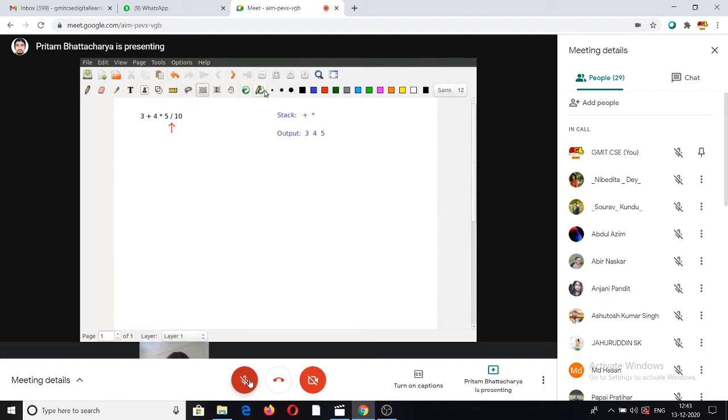So here something interesting is happening. I'm actually popping the star from the stack, and instead I'm sending it to the output.